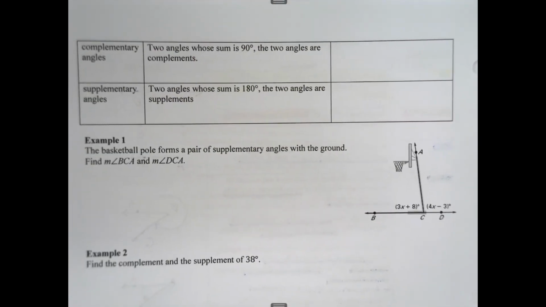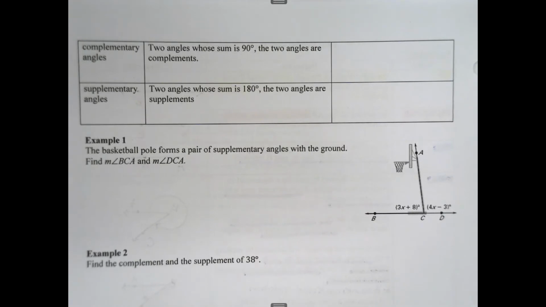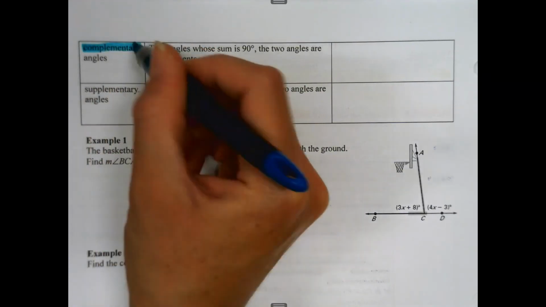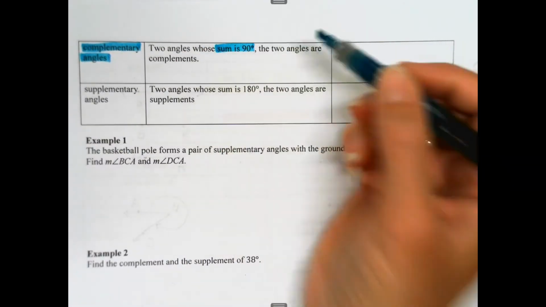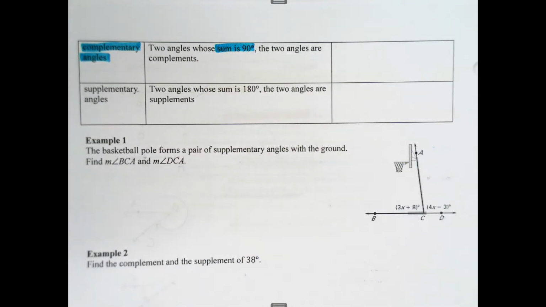Complementary angles and supplementary angles. Complementary angles are 2 angles whose sum is 90 degrees. If the 2 angles add up to 90 degrees, then we can consider them to be complementary angles.